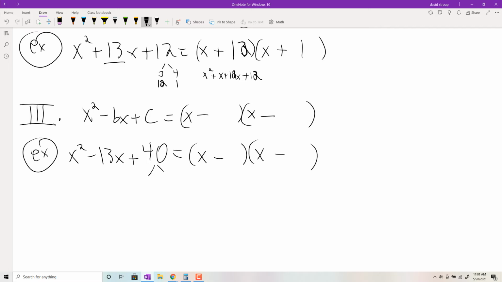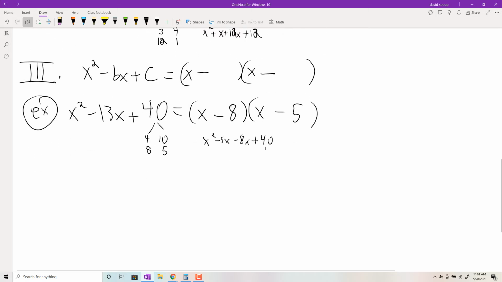So 40 is the same as 4 times 10, but when you add those together, you get 14. What else? 8 and 5. 8 plus 5 will work. Okay, so 8 and 5. And then FOIL it back out in your head. X squared, outer, minus 5x, inner is 8x, plus 40. 8, 5, 13. Yep.